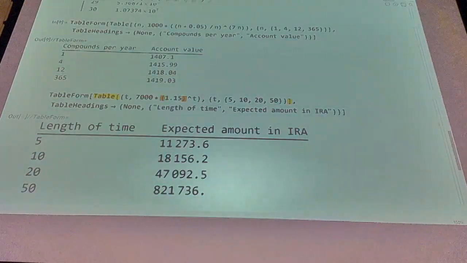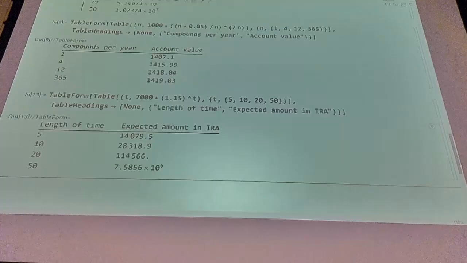Let's say you beat the market. Say you average 15% return a year. Look at that bottom number. That's $7.5 million you expect.